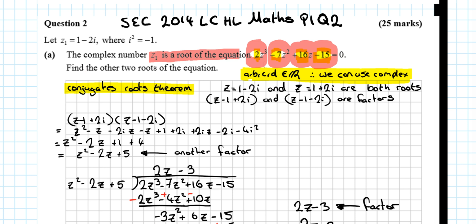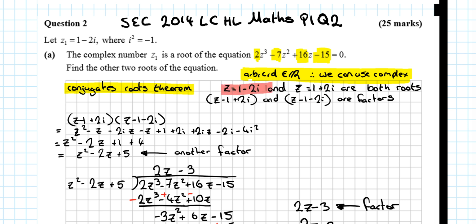That states that if z1 equals 1 minus 2i is a root, then z conjugate, which is 1 plus 2i, is also a root. I've just changed the sign of the imaginary part. So it was minus 2 and now it becomes plus 2.